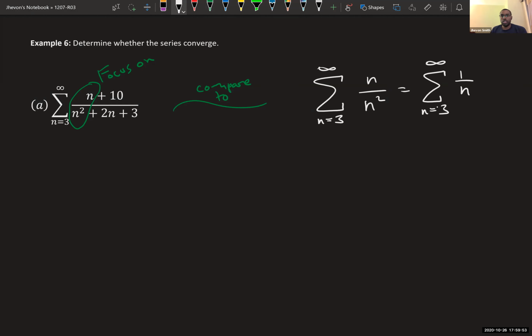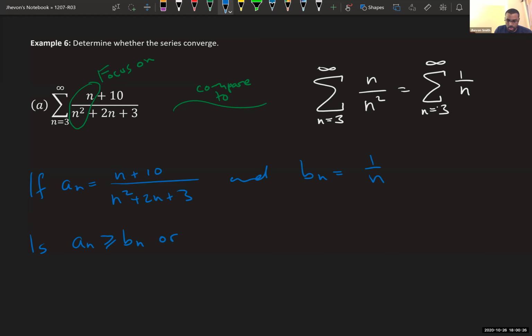Okay, so now remember with the direct comparison, we had to know who's bigger than who. However, in this case, you'll notice something. If I set an equals the original, n plus 10 over n squared plus 2n plus 3, and bn equals 1 over n, I can ask the question, is an greater than or equal to bn, or bn greater than or equal to an?